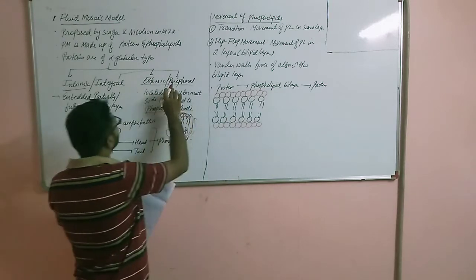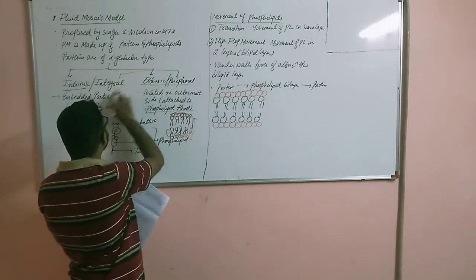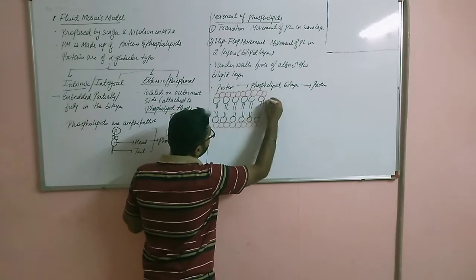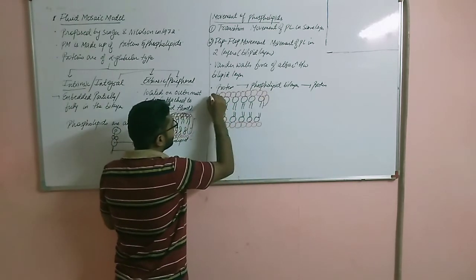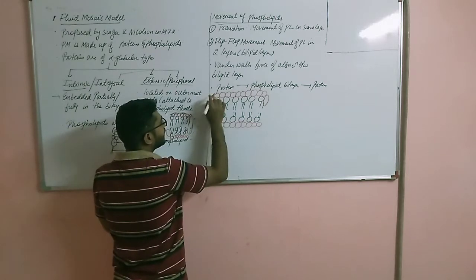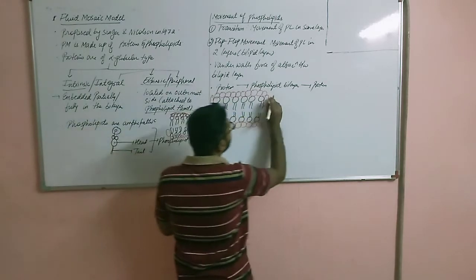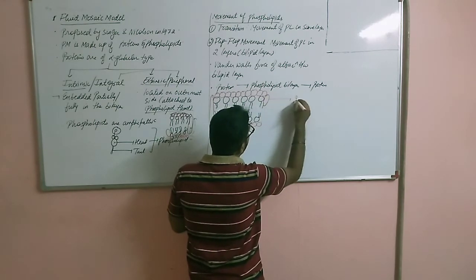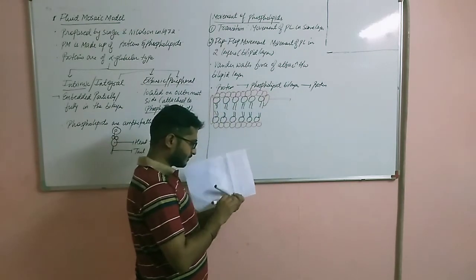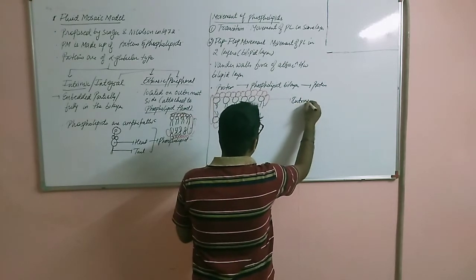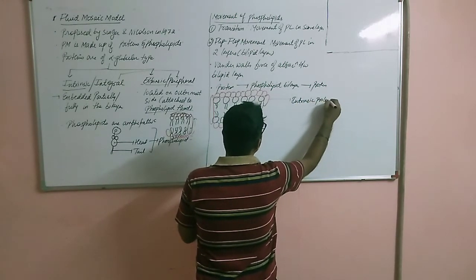And what about this integral protein? They are either partially or fully embedded. So we will draw one partially embedded protein, and let us say this protein is fully embedded. Right? We will label also. So this is basically an integral protein, or you can say intrinsic protein.